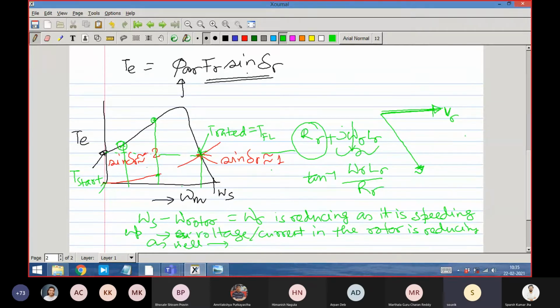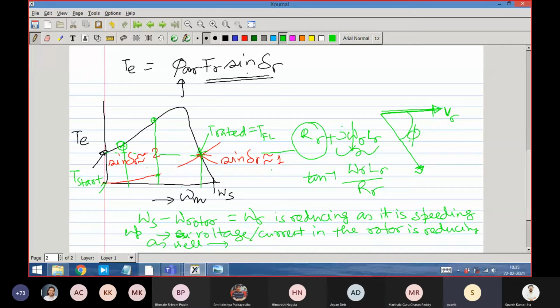Later and later, the power factor angle, that is phi, reduces. So delta will be 90 plus phi.